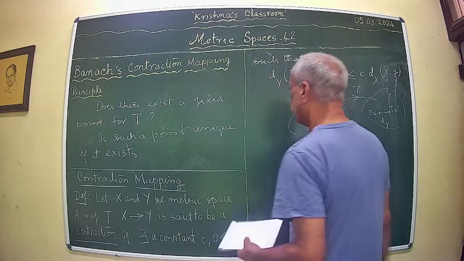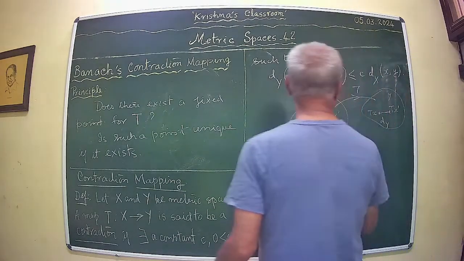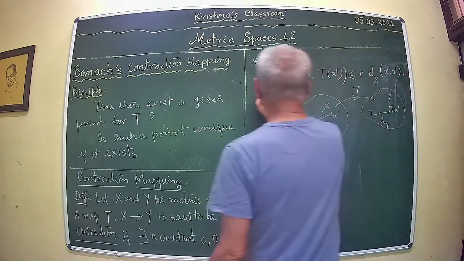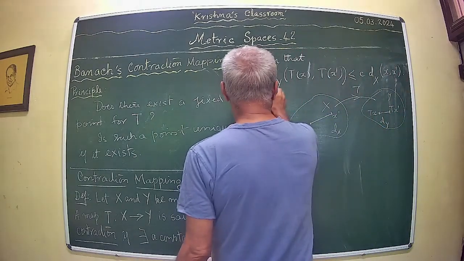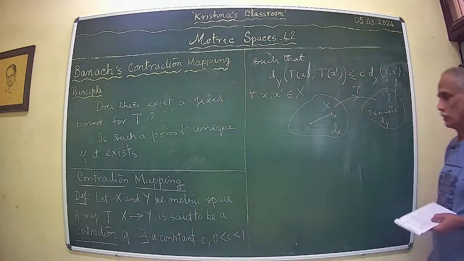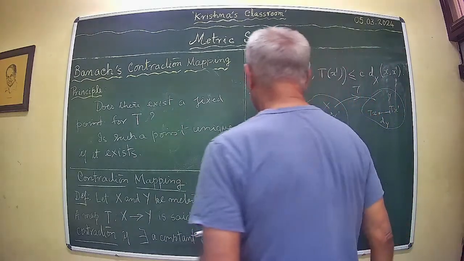That is what you mean by a contraction map for every x and x prime. That is what you call the contraction mapping.